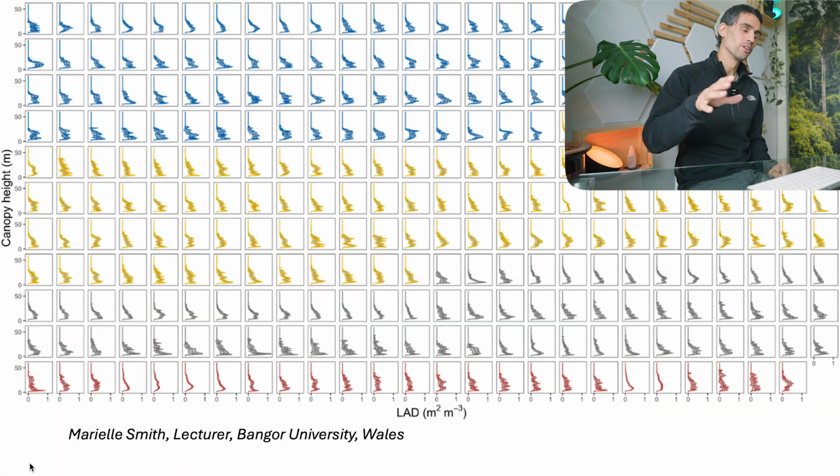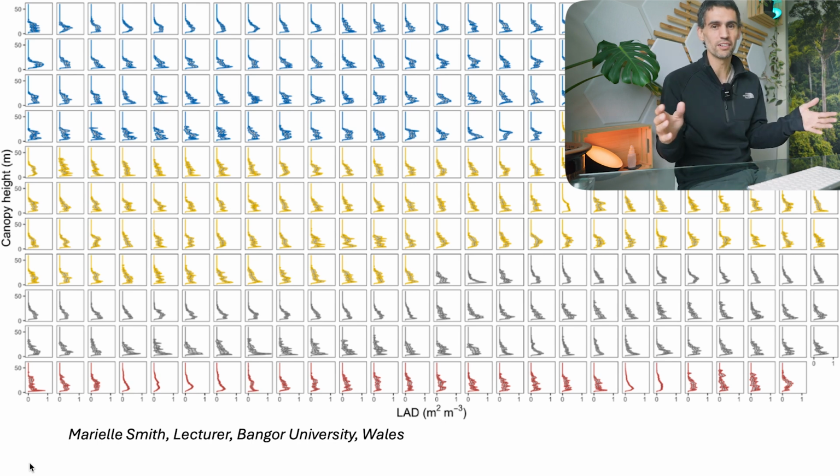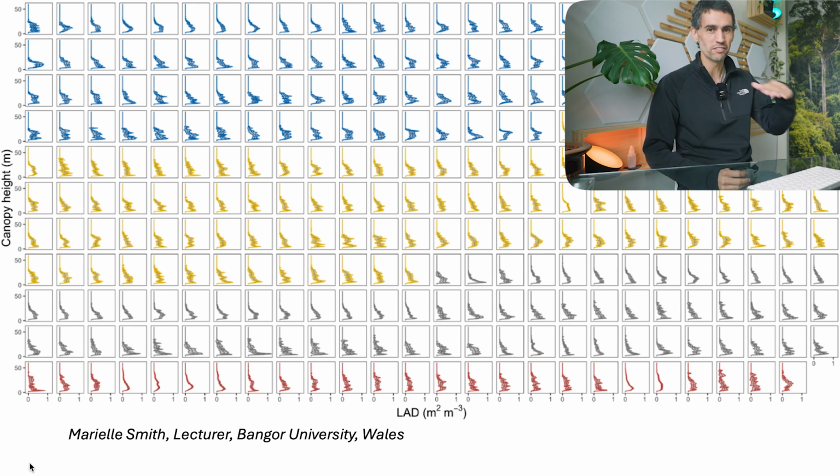First, why should you use R? Let me just breeze through a few examples of the kinds of things you can do with programming in R. This is a cool example of a figure that contains a huge amount of data. This is something like over 280 tropical forest sites, and each one of these squares shows the distribution of leaf area, so the amount of leaf area at each height on the y-axis.